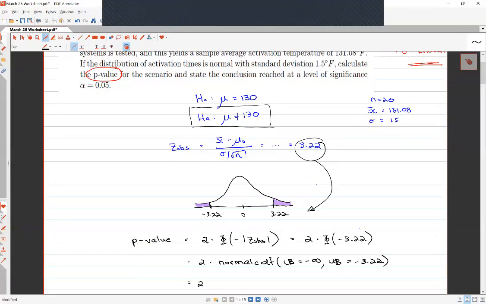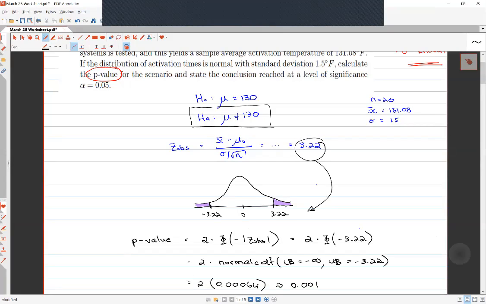If you do this calculation on your TI-84 or your Inspire, for that normal CDF, you're going to get, to 5 decimals, 0.00064. Multiply that by 2, and if I round at that point to 3 decimals, I get a p-value of roughly 0.001.